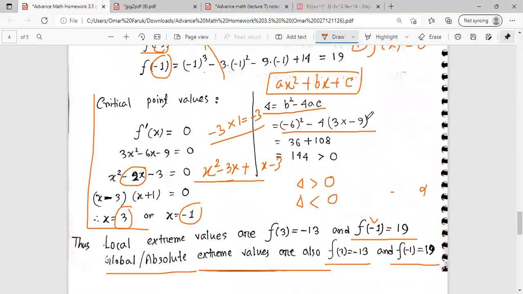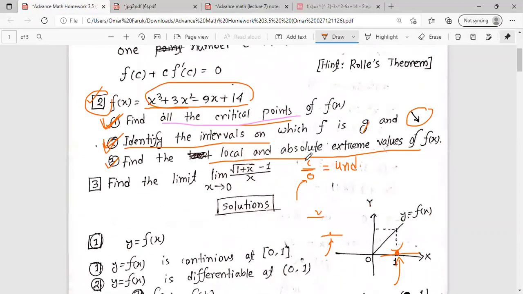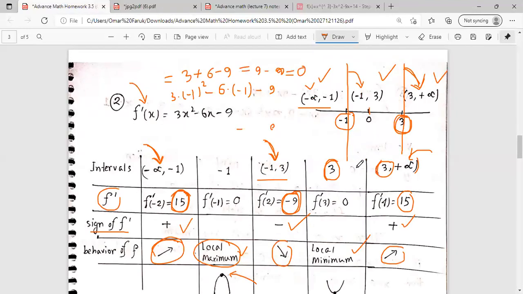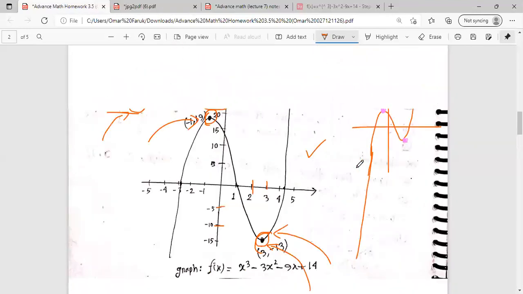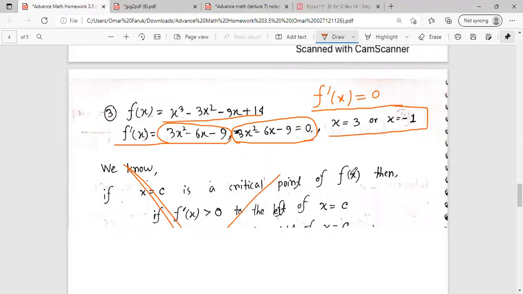Our question was to find the local and absolute extreme values. Local extreme value means local maximum and local minimum, and global extreme value means global maxima and global minima.